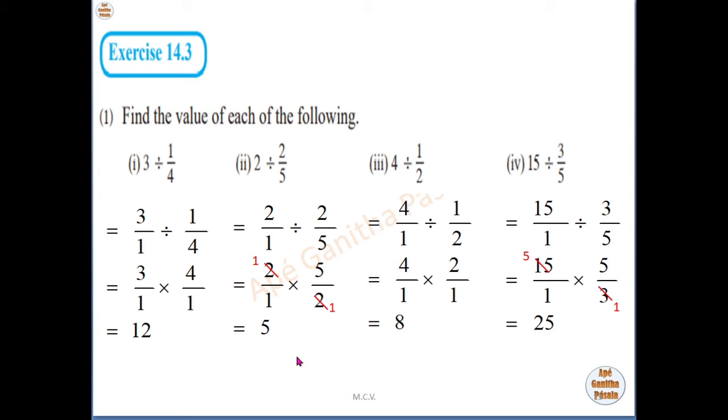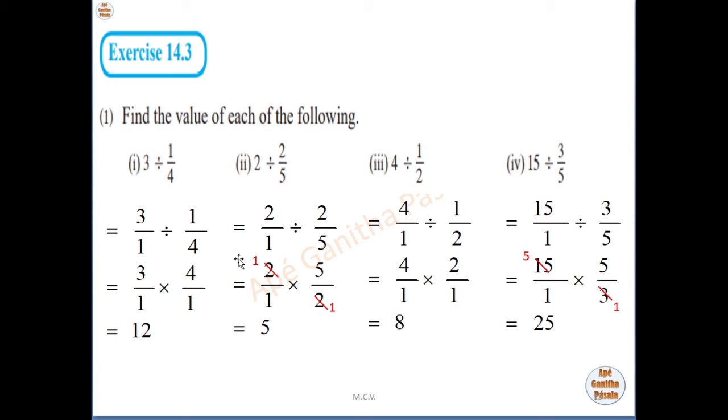Now can you remember I told you, you can simplify numerator of one fraction with the denominator of the other fraction if they are divisible by the same number. Like a cross you can cut. 2 can be divided by 2, that is 1. This denominator 2 can be divided by 2, that is 1.